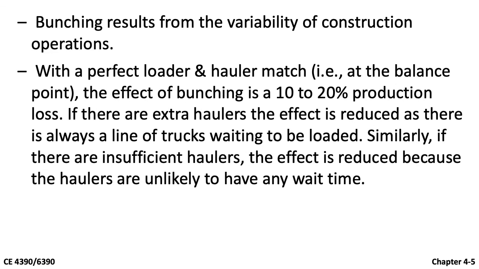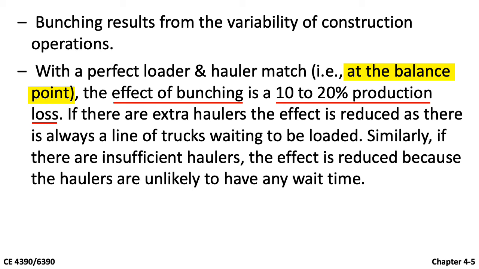So with a perfect loader and hauler mesh, for example, at the balance point when the number of haulers perfectly matches the loader capacity, research shows that bunching still happens, and it causes 10% to 20% production loss. This is due to the uncertainty of the travel time. Travel time is not always constant.